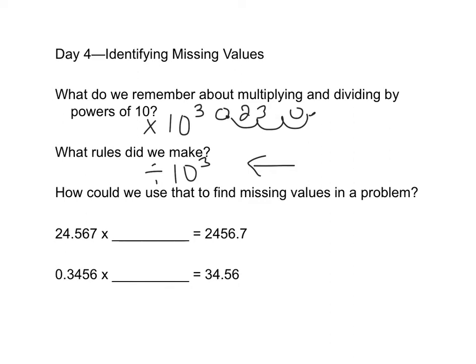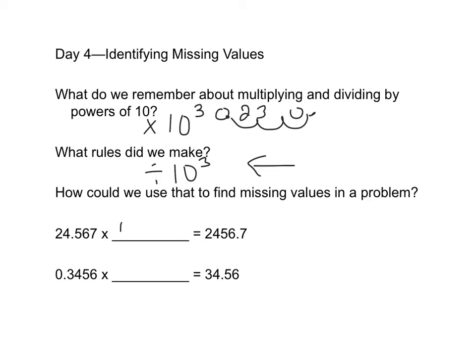We have 24 and 567 thousandths times something ends up being 2,456 and 7/10. If you notice, both the numbers, the digits are exactly the same. The only thing that's changed is where the decimal point is. We know we're multiplying, so we know our decimal point has to go to the right.